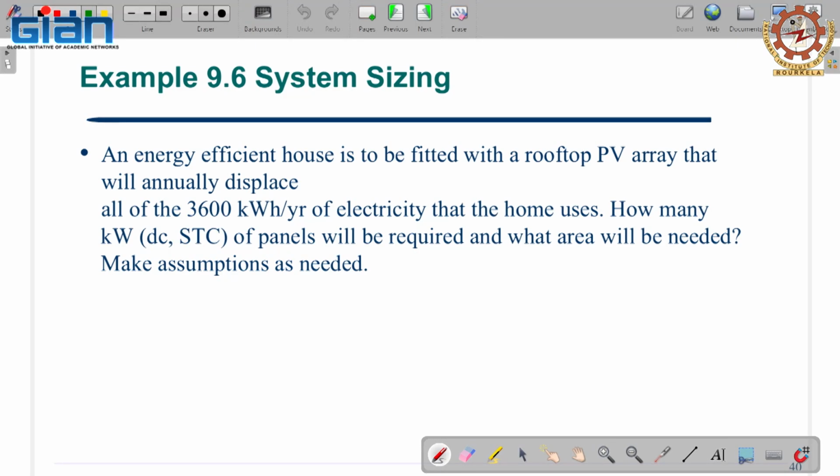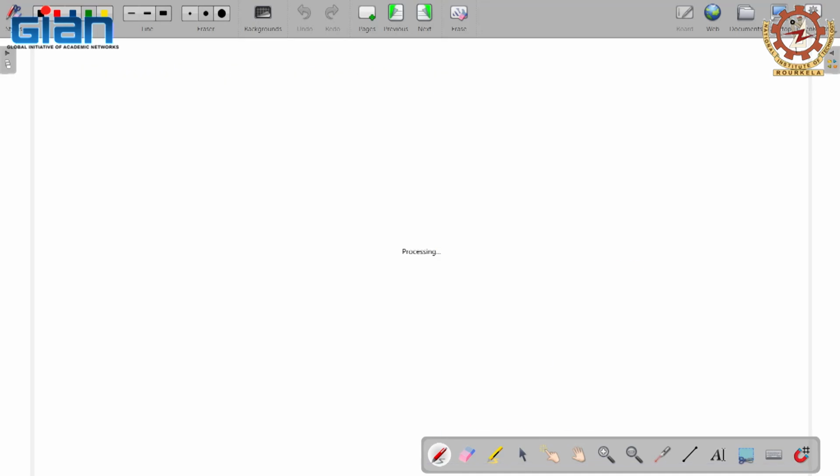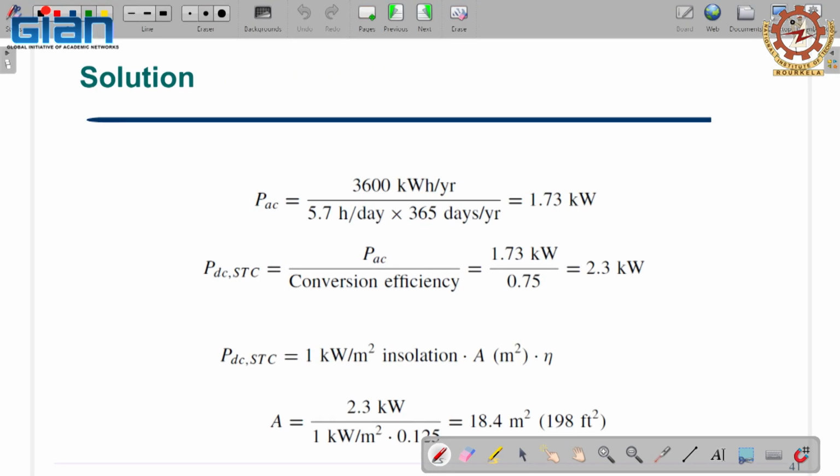How many kilowatts DC under standard test conditions will the PV require, and what area will be needed? If you have to make some assumptions, you can suitably make them. So again you see, from DC power you have the AC power.